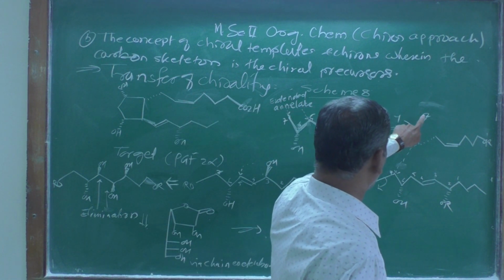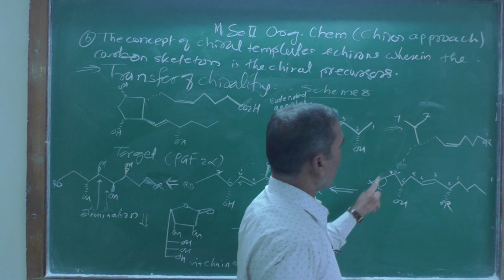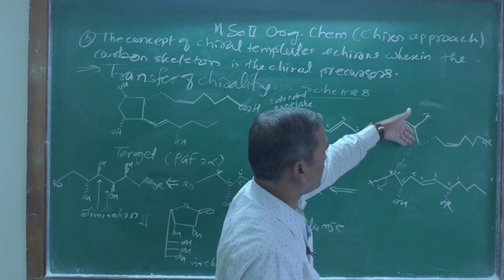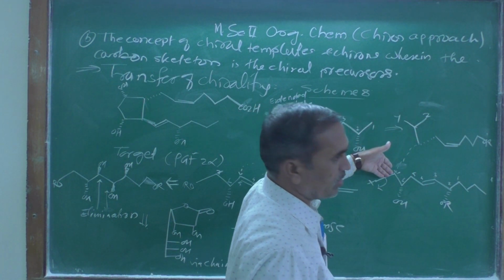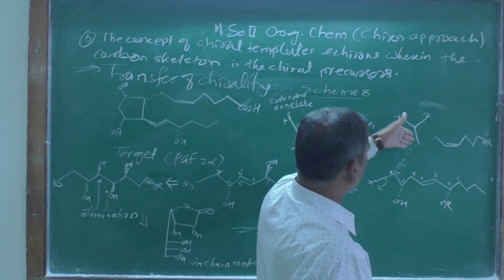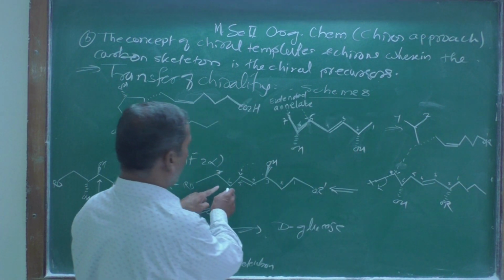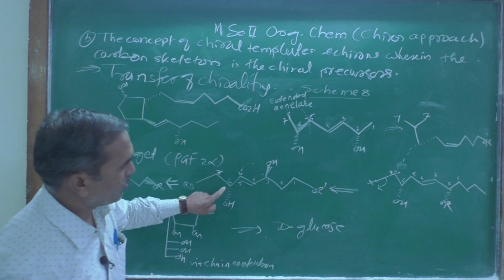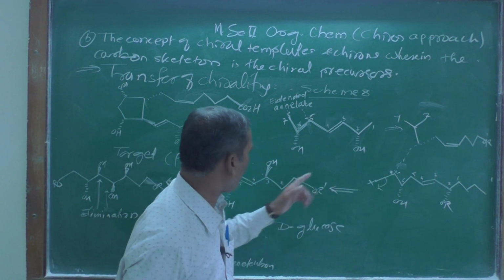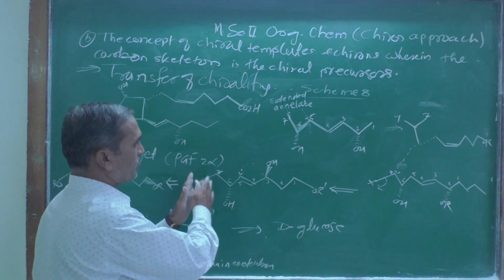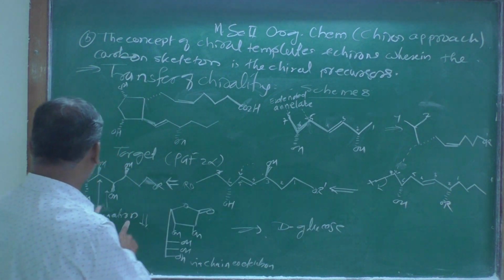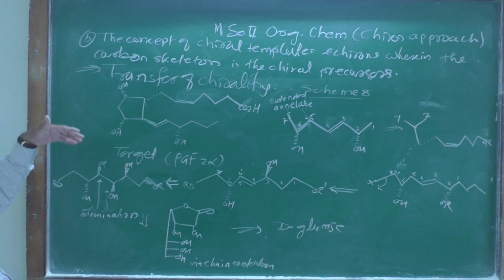Here is Y, Z, and here is X, and now we can join and form a new carbon-carbon bond, and there is a transfer of new chirality in the form of this new chiral bond that will be formed here. After forming this bond, we will get this type of segment, and this bond can be transferred from there to here, and we will get such a type of carbon skeleton.